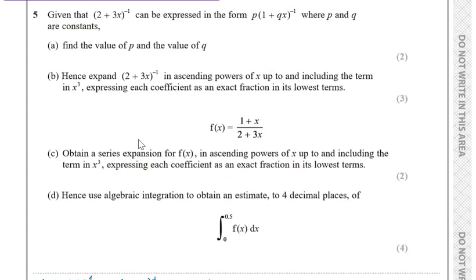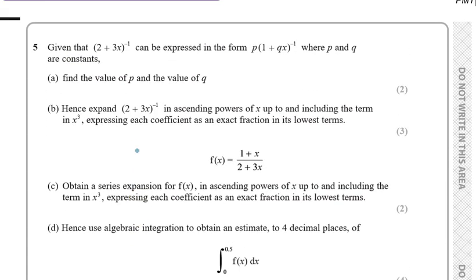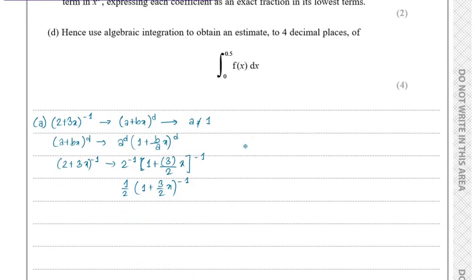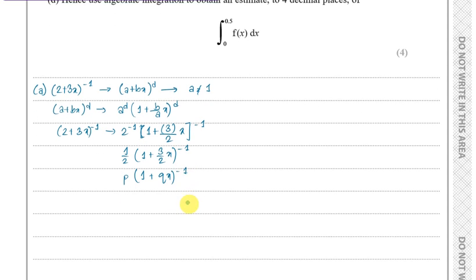They have asked us to express this in the form p(1 + qx)^(-1). So p here is half, and q here is 3/2.